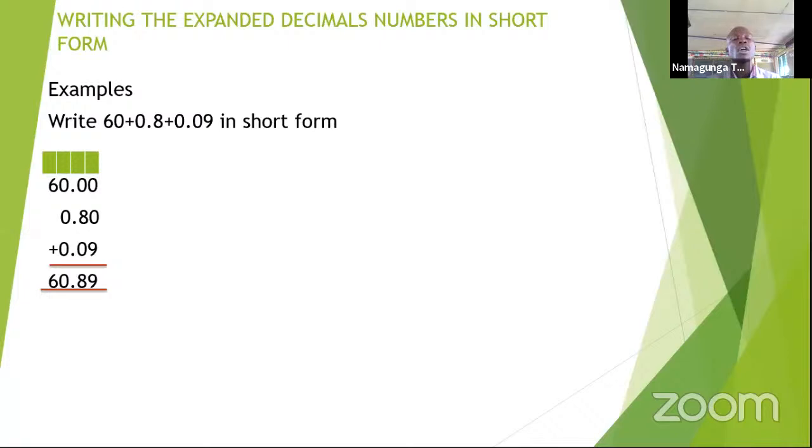Why are you doing that? Because these other numbers have decimal points, and the decimal points should be in the same line. The digit on the right should remain on the right, and the digit on the left should remain on the left.